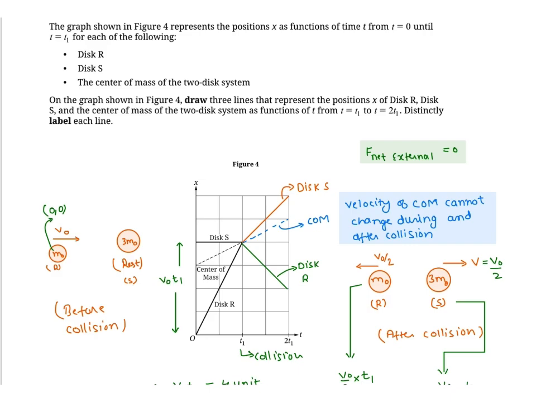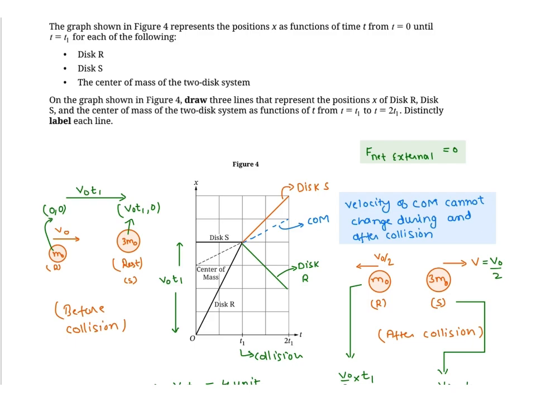And in time t1, the distance traveled by this m naught, which is moving with velocity v naught, will be equal to v naught t1. So what will be the x coordinate of 3m naught mass? That will be equal to v naught t1. And I'm saying let the y coordinate be equal to 0.